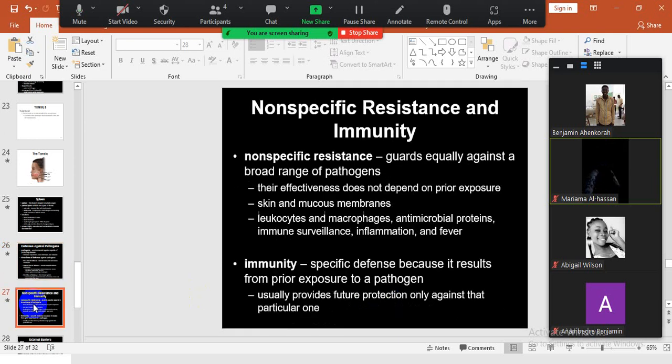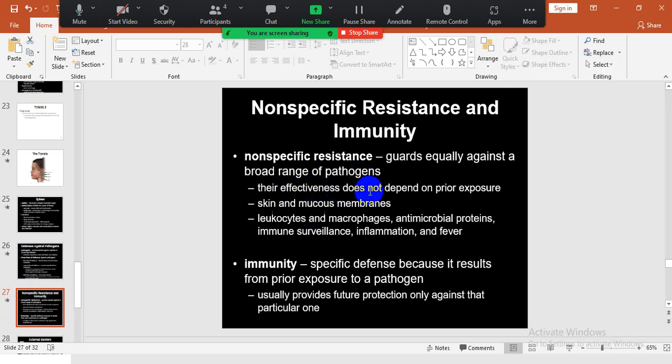Okay, so non-specific resistance, those who go and read, they are what? The body itself fighting against the infection. So we have the physical barriers. Non-specific resistance guards equally against a broad range of pathogens.